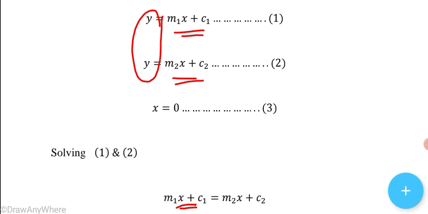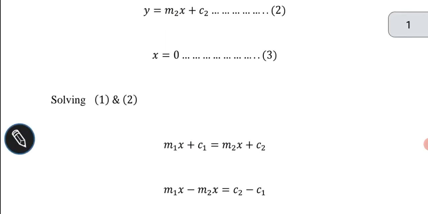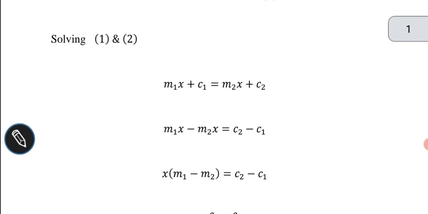So we get m1x plus c1 equal to m2x plus c2. The next step is moving this m2x to this side and moving this c1 to this side, so it will become m1x minus m2x equal to c2 minus c1. Now take x common to outside, so x into (m1 minus m2) is equal to c2 minus c1.